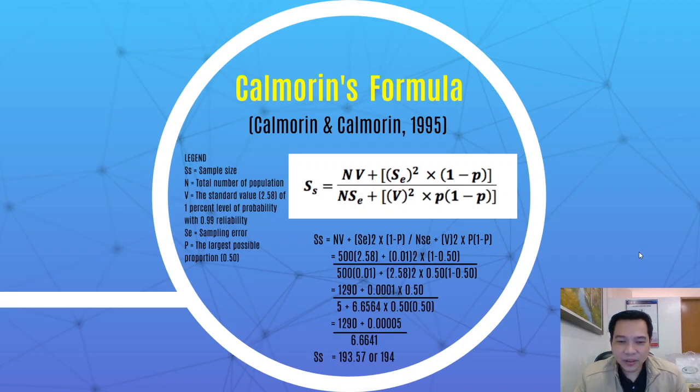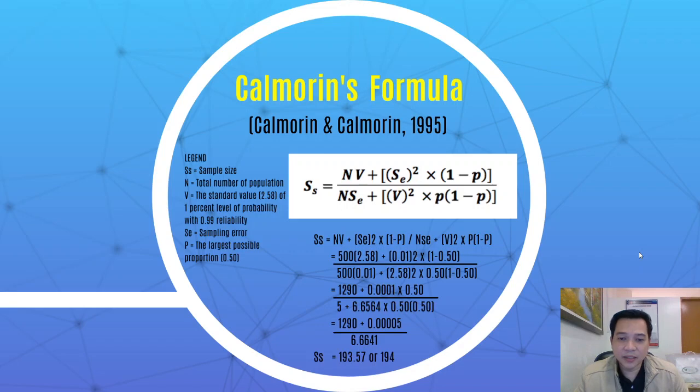But if you notice, out of the, let's say, 500 population, how much is the sample size I need to gather or I will arrive at using Calmorin's formula? 500, and considering, let's say, a proportion of 0.5 and a sampling error, let's say, of 0.01, you will arrive at 193.57 sample size. Sir, if that's the case, there's no such thing as a sample size or a number of participants that is 193.57.